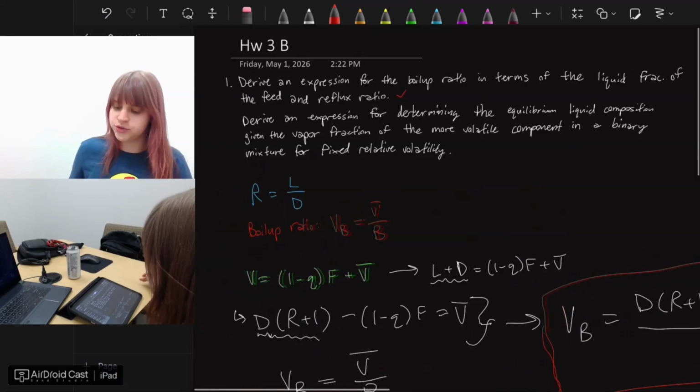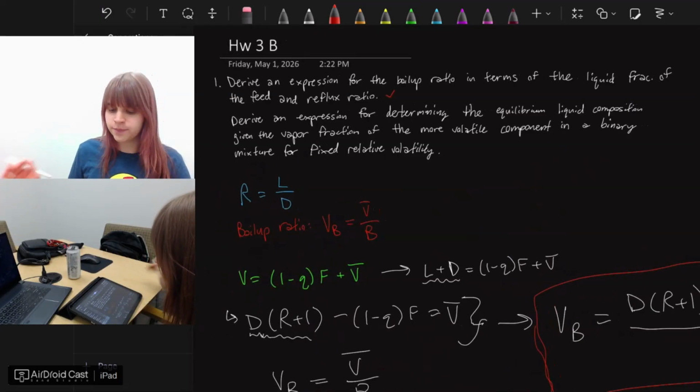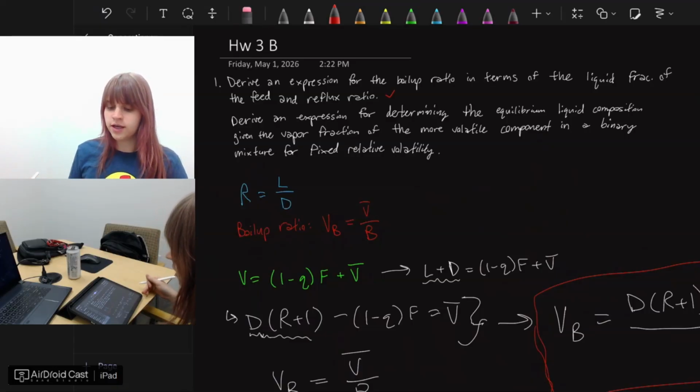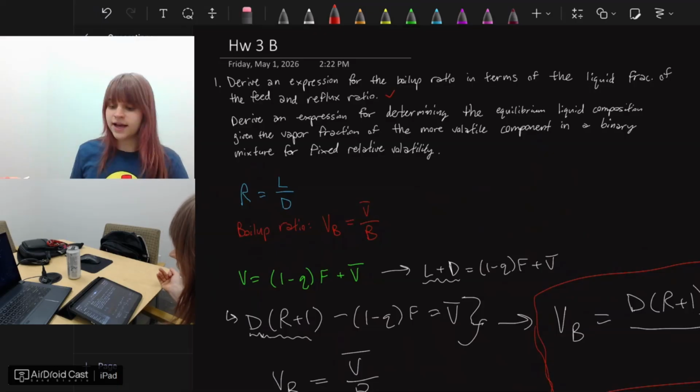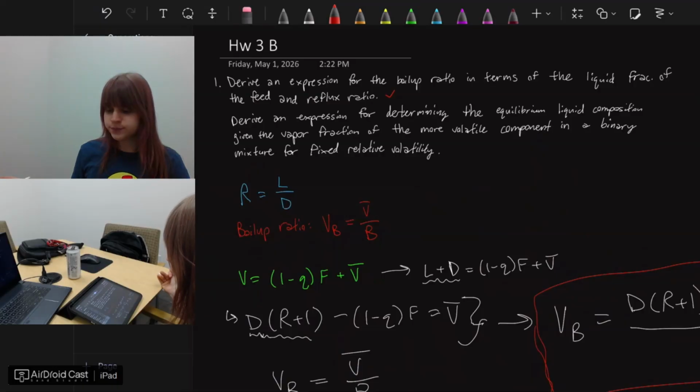and now we want to move on to the second part: derive an expression for determining the equilibrium liquid composition if you are given the vapor fraction of the more volatile component in a binary mixture at a fixed relative volatility.